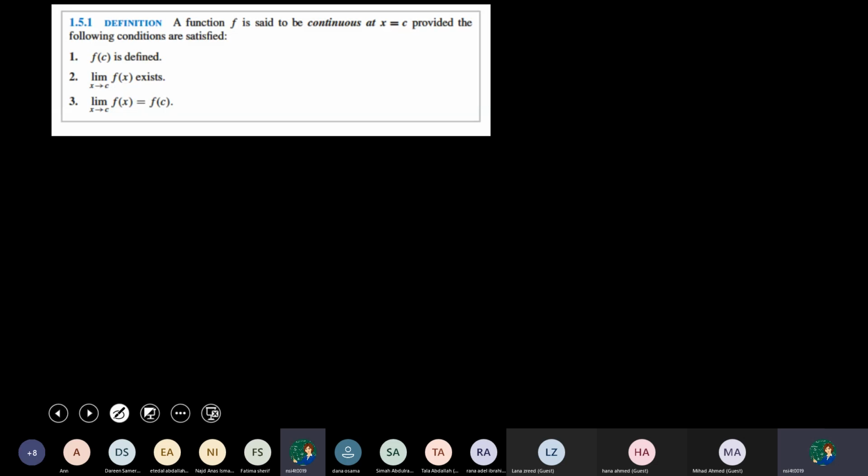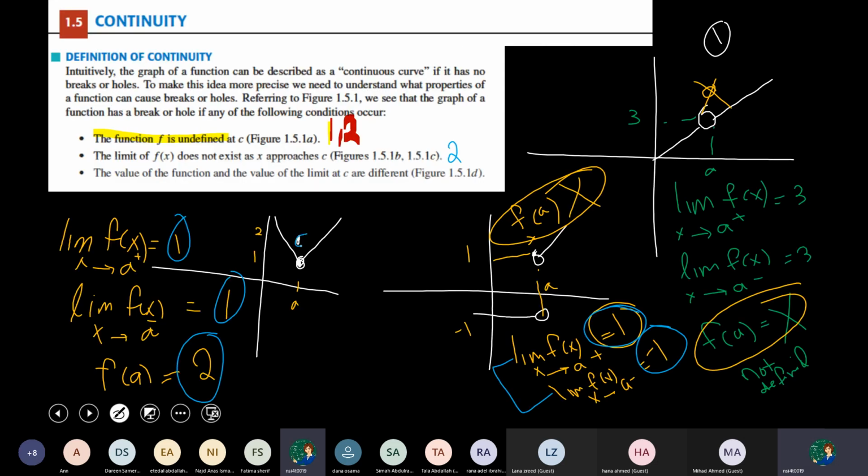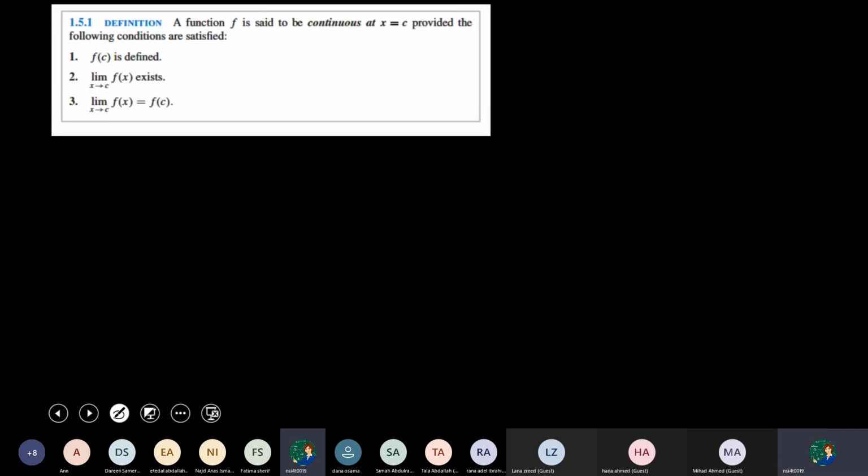The first one, f of c must be defined. That means I can have a value of f of c. And the limit must exist: the limit from the right must equal the limit from the left. And another thing also, the limit must equal the value of the function.